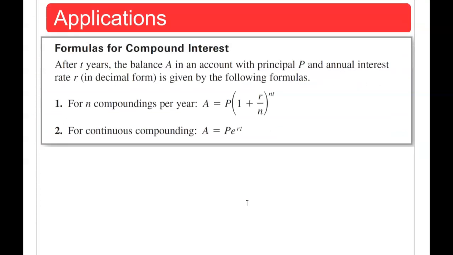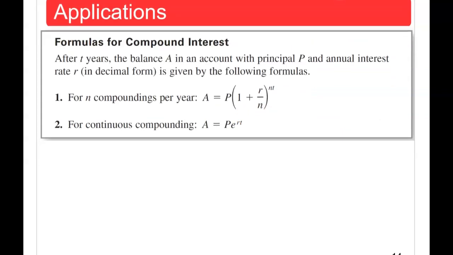And so if we want to do a problem that requires compounding per year, you have to be very careful when you enter things on your calculator. Let's say that we have an example, the principal is equal to 100 and then the rate is equal to 4%.